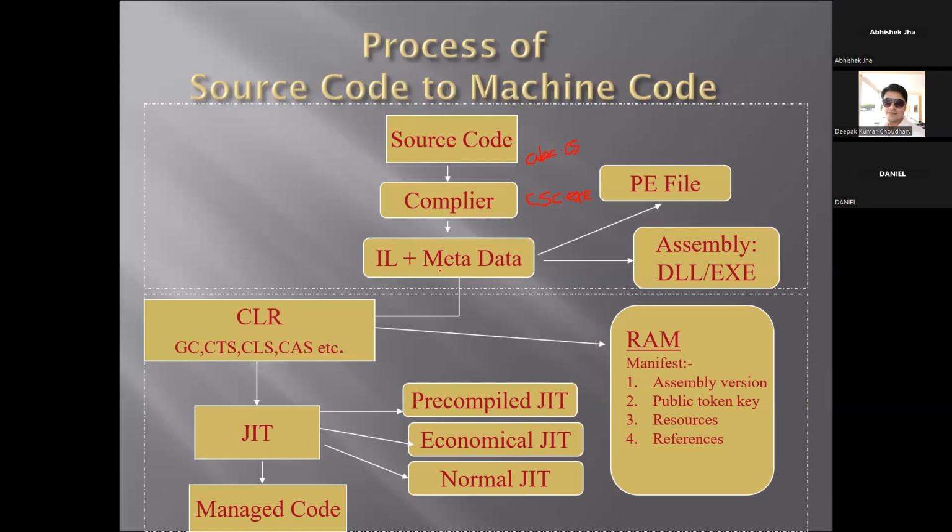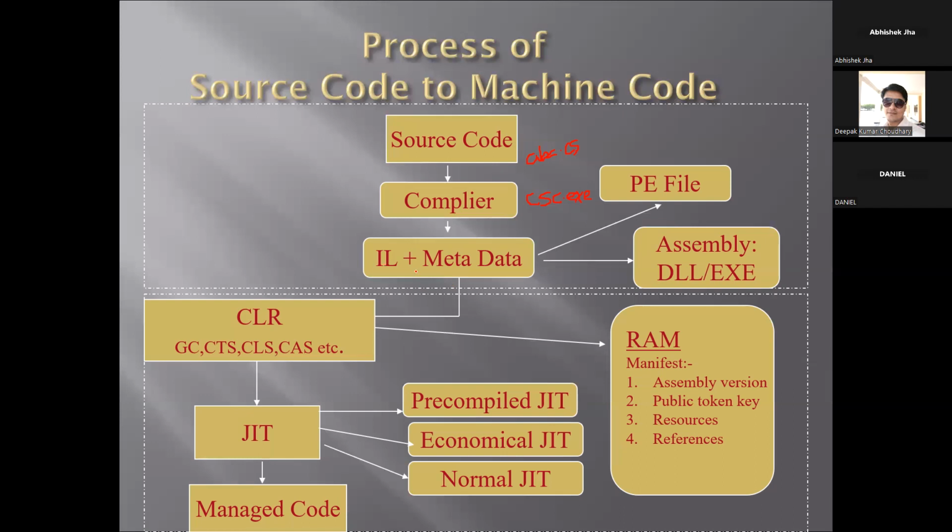Metadata is just data about data. Whatever information we have in those files, a copy of the same data is also available in the assembly or DLL files. That's why we say this is metadata: data about data is called metadata. So our compiler's responsibility is to convert to IL.